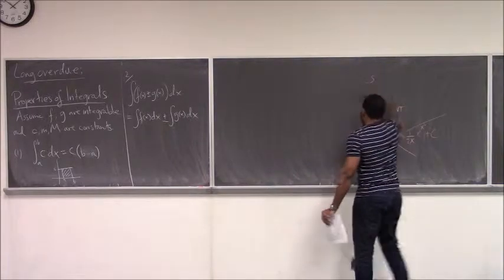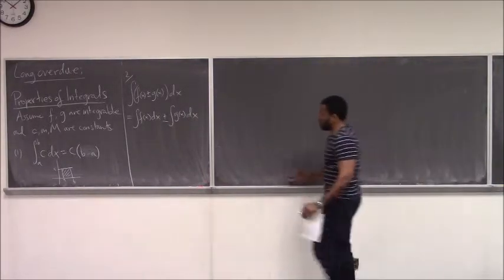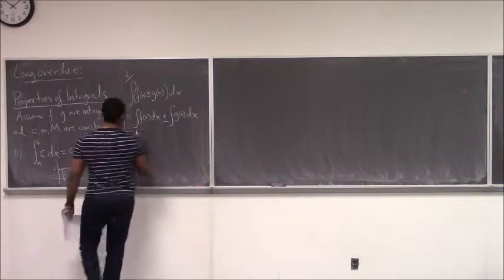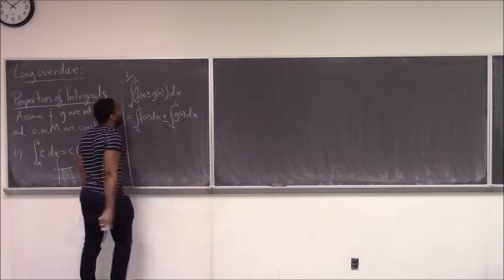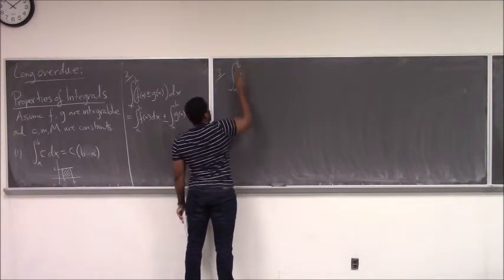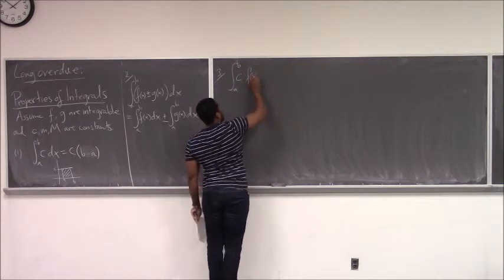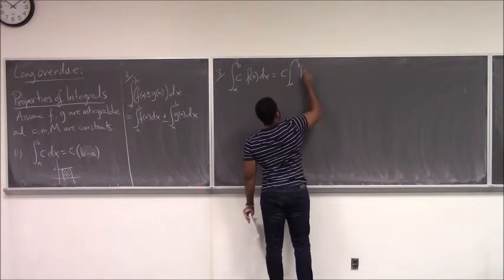And an idea like that works for both the indefinite and the definite case. So you don't have to worry about either way. Three, you can factor constants outside integrals. So if you have a constant times a function, this is the constant times the integral of the function.